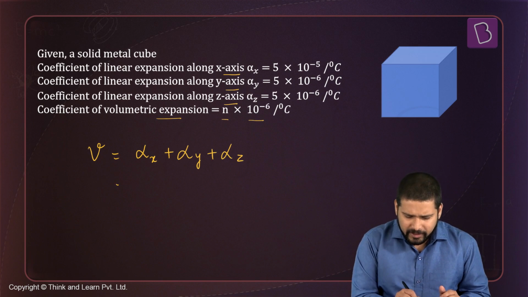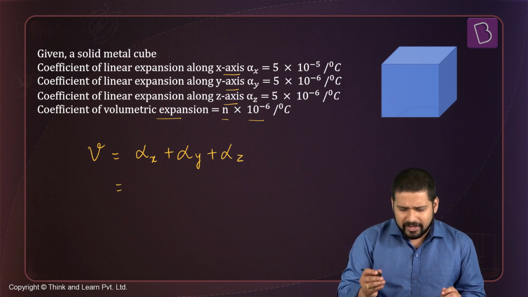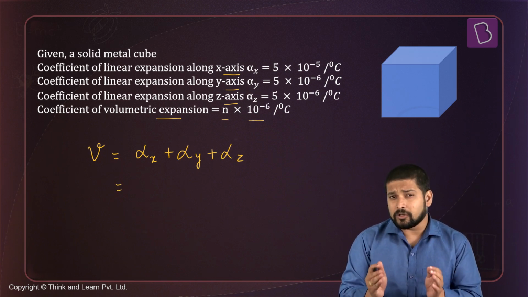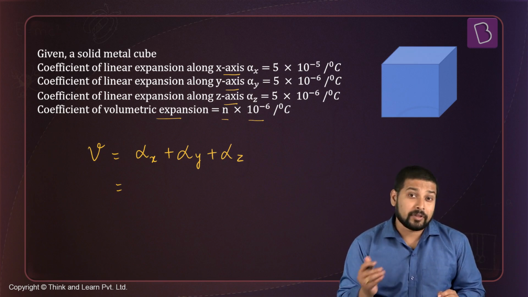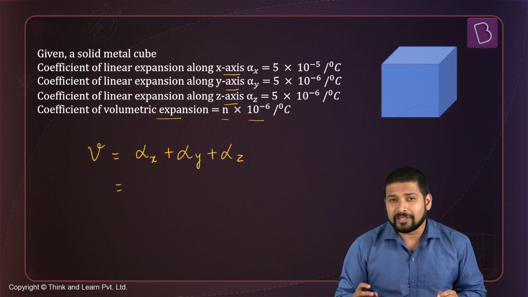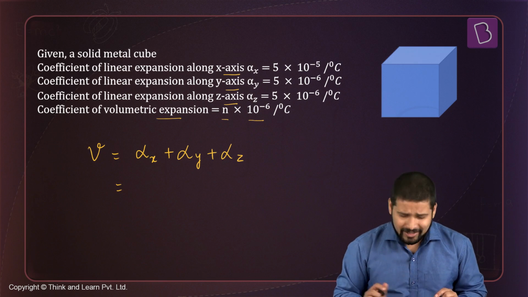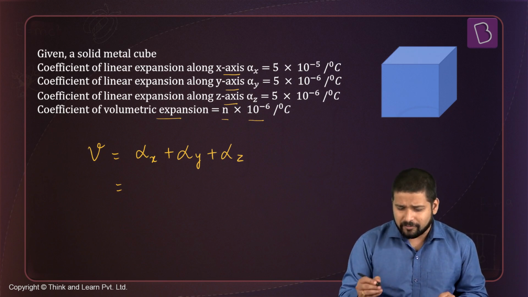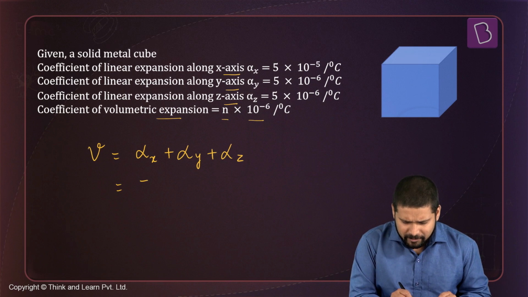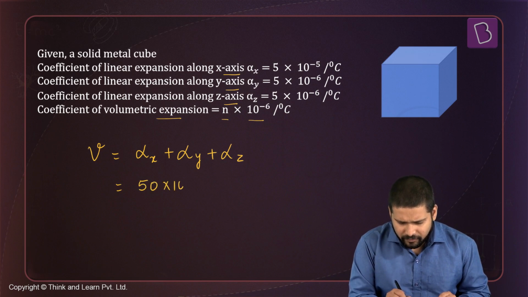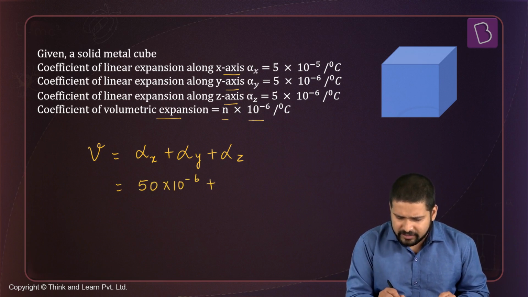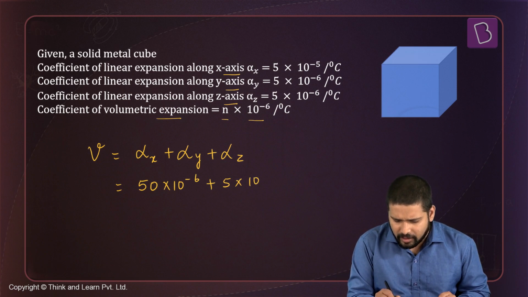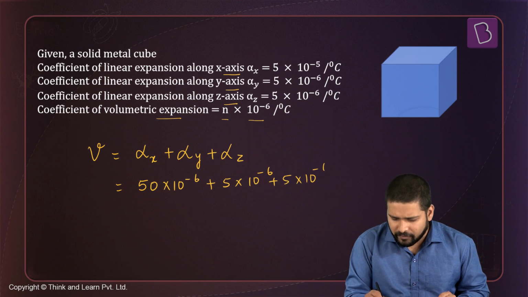If I just plug them in, and if you notice that my final expression is n into 10 to the power of -6, I'll convert everything into 10 to the power of -6 so that it's easier for me to compare. So I can write 5 into 10 to the power of -5, which is alpha x, as 50 into 10 to the power of -6, plus we have 5 into 10 to the power of -6 plus again 5 into 10 to the power of -6.